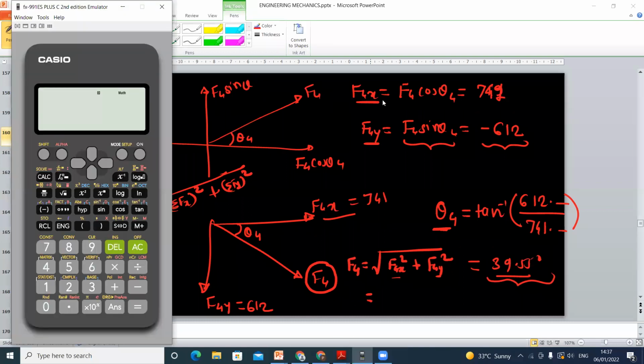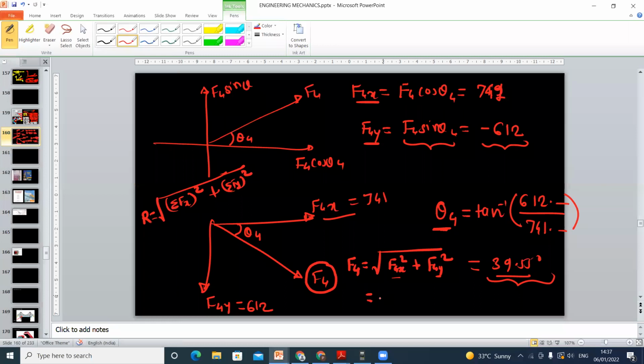So here F4x is 741. So 741 square plus, this is minus 612, so you can directly consider 612 square, equal to, and take the square root of the answer. Your answer will be 961.05.